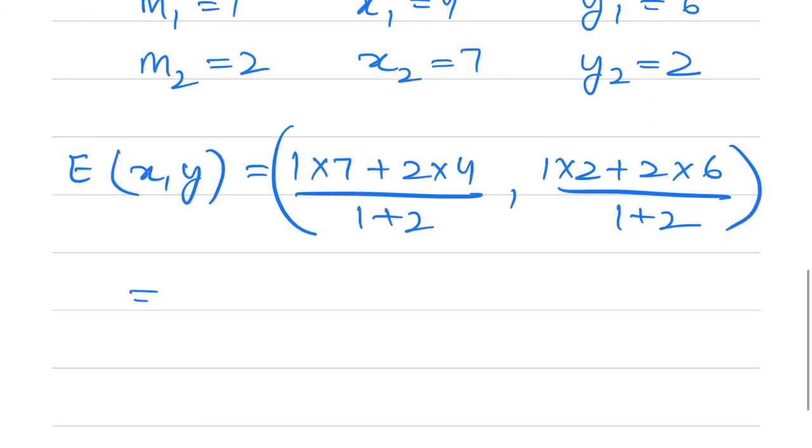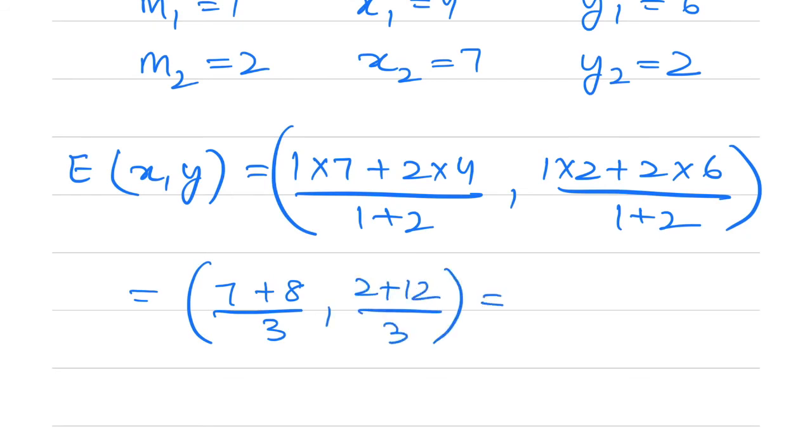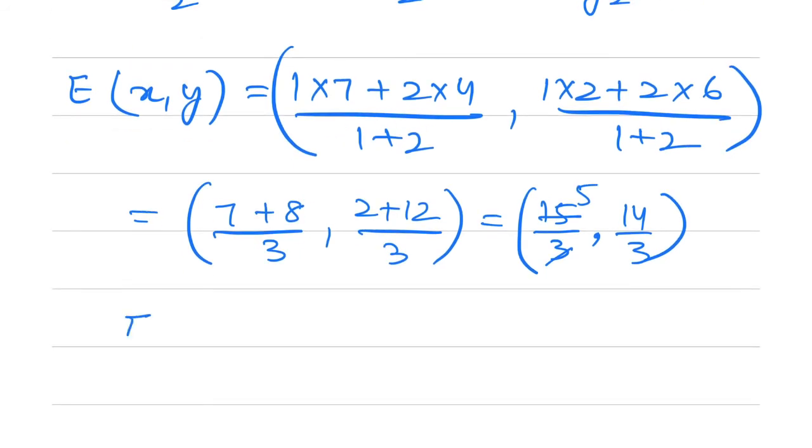So this is equal to (7 plus 8) divided by 3 and (2 plus 12) by 3. So this is 15 by 3 and 14 by 3, which is 5. So coordinates of point E are (5, 14 by 3).